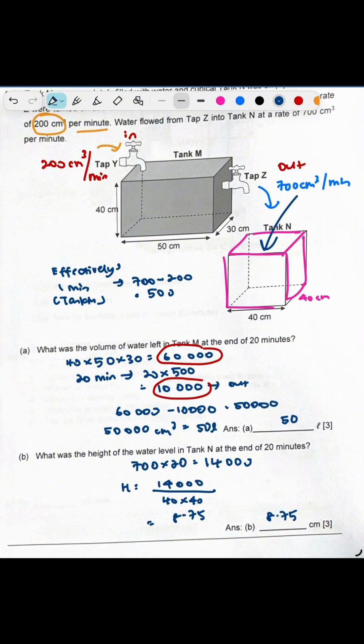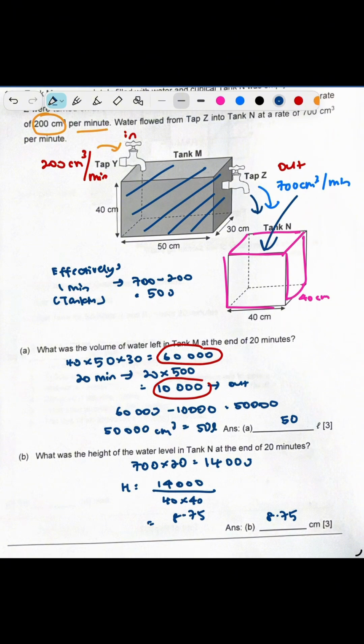So if you are a little bit confused about the situation that's happening in tank M, let me re-say this story again. Tank M already has water. Every 1 minute, tap Z will have 700 cubic centimeter of water coming out from the tank.